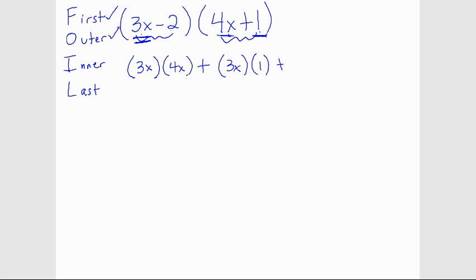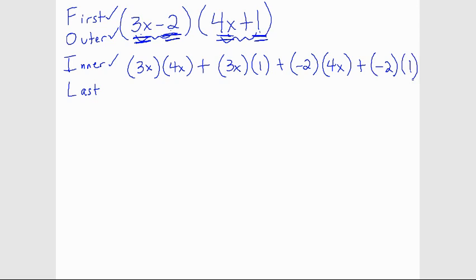So that's the outer. The inner terms would be the negative 2. So I'll multiply it by negative 2 and the 4x. So those are the inner terms. And then the last terms, I'll put the plus. The last terms would be the negative 2 times the 1.